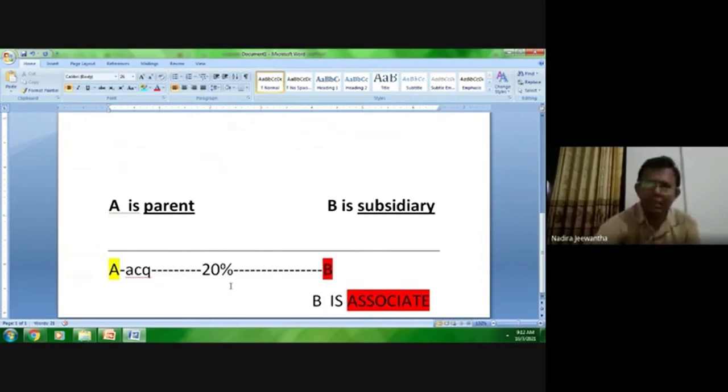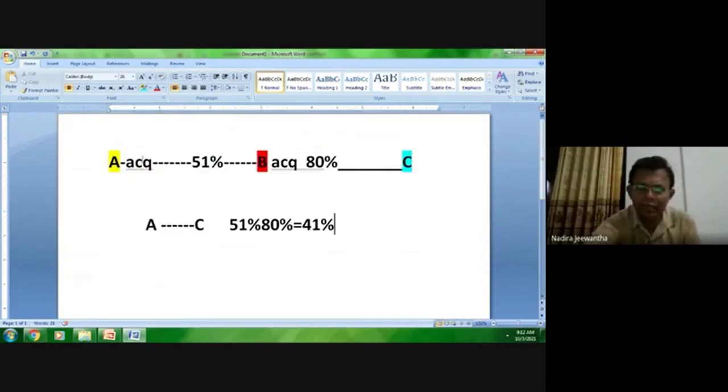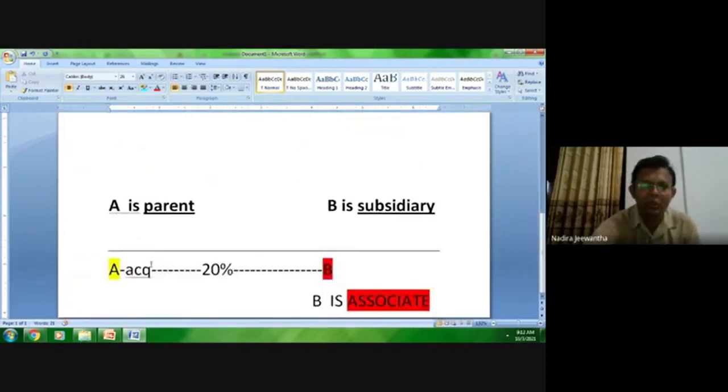A and B in a parent-subsidiary relationship have controlling interest. A can control B, but here you can't control, only 20%, less than 50%. So how do you call it? For a 2 mark question, the examiner can test you. If A acquires 25% of B, it is an associate company. Remember the word significant influence.